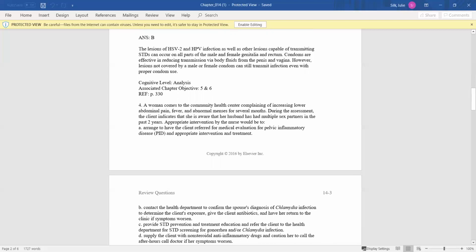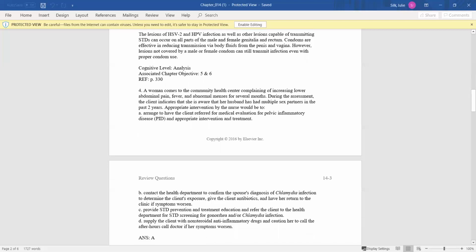A. So it's saying arrange to have the client referred for pelvic inflammatory disease.